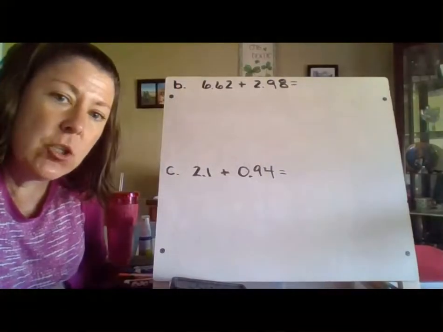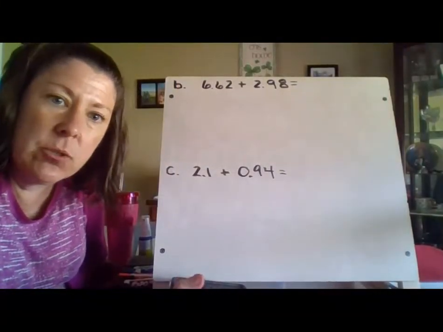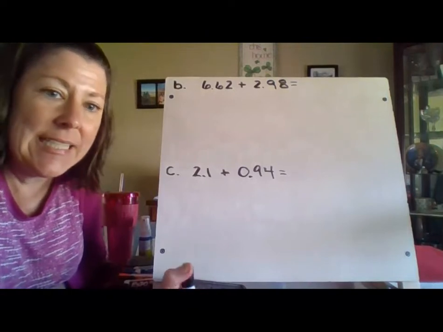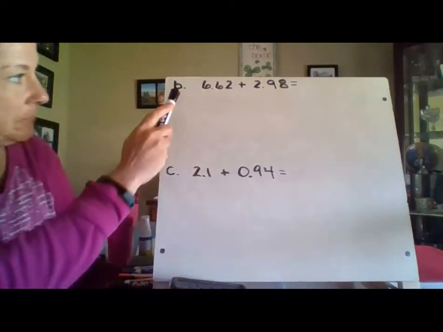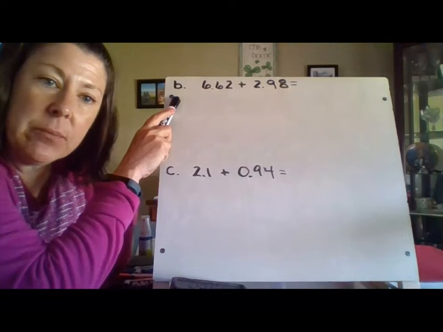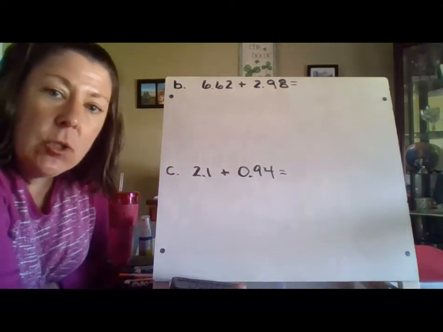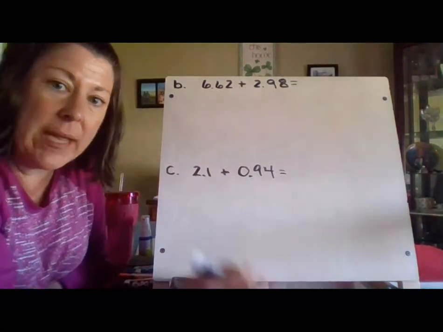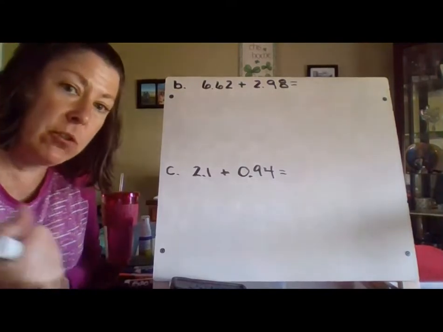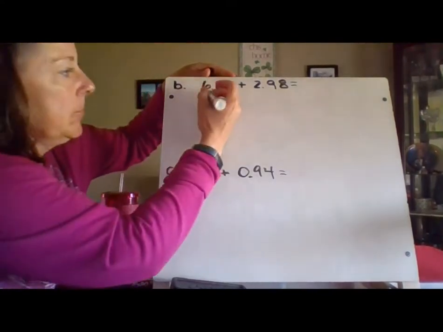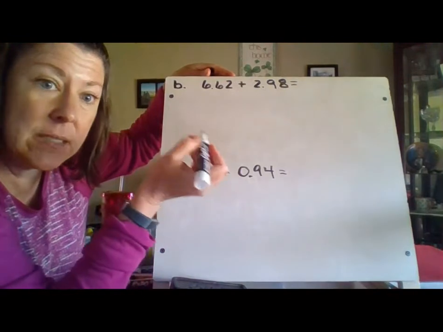So if you're looking at your problem set, we're going to do examples B and C together. Example B reads 6 and 62/100ths plus 2 and 98/100ths. So the first thing we're going to do is write them as mixed numbers.